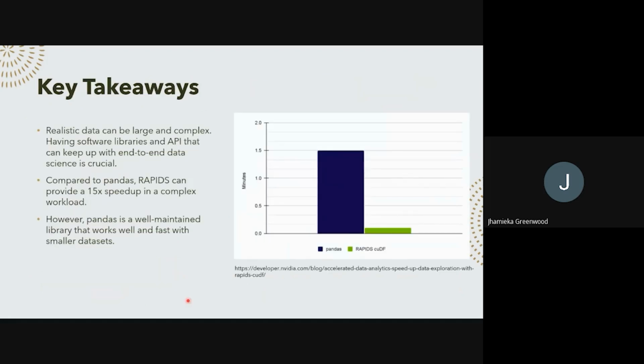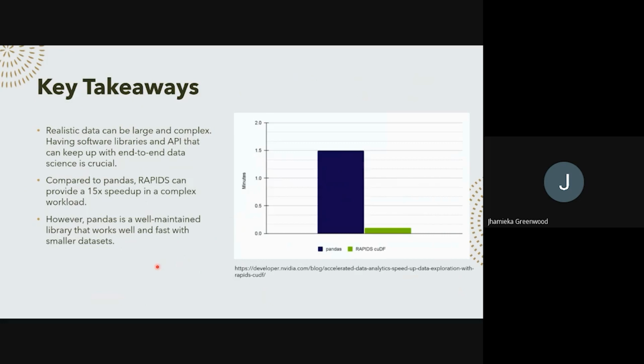But overall, my key takeaways when it comes to Rapids is that realistic data can be large and complex, and having a software library and API that can keep up with the data science is crucial. And just a comparison over here when it comes to the speedup, the CUDA data frame package compared to Pandas, you can see a 15 times speedup working with the complex workload.